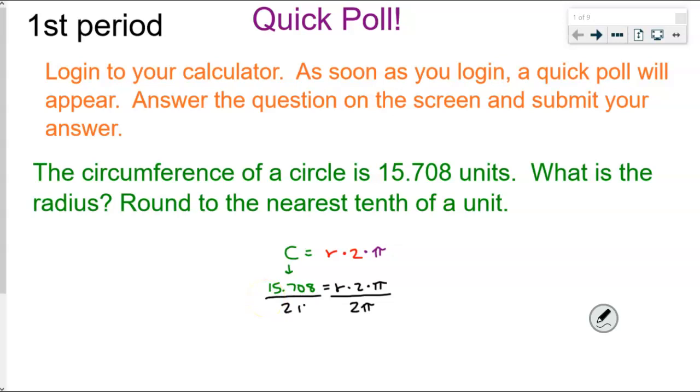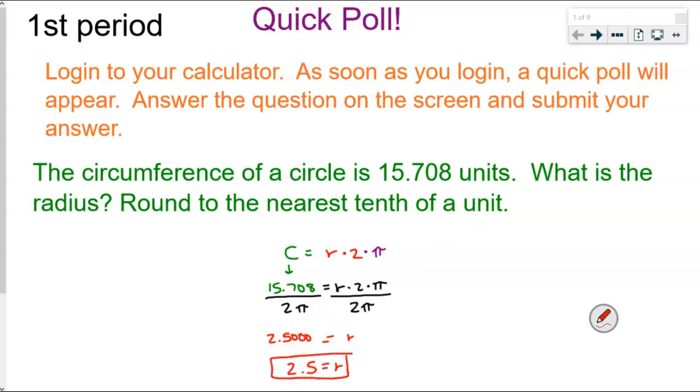Whatever I do to one side, I do to the other side. So when I have 15.708 divided by 2 pi, I end up with the radius equal to 2.5000. Rounding to the nearest tenth of a unit makes that 2.5.